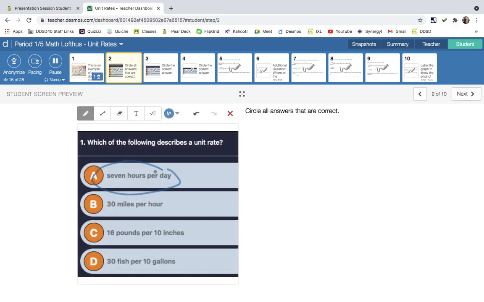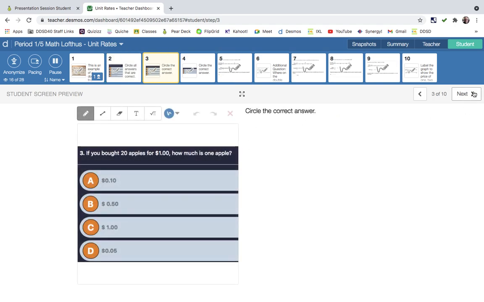This one is a unit because it says per day. That means one day. Per hour, that means 1 hour. This is not a unit rate because it says 10 gallons. If you bought 20 apples for $1, you'd have to divide $1 by those 20 apples, and you would get 0.05.